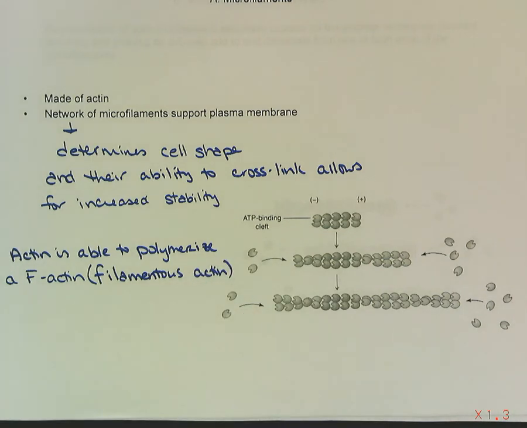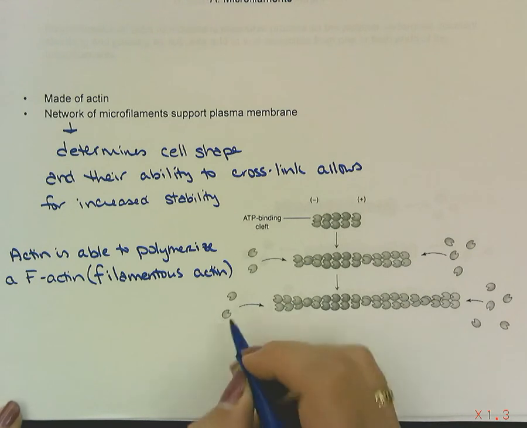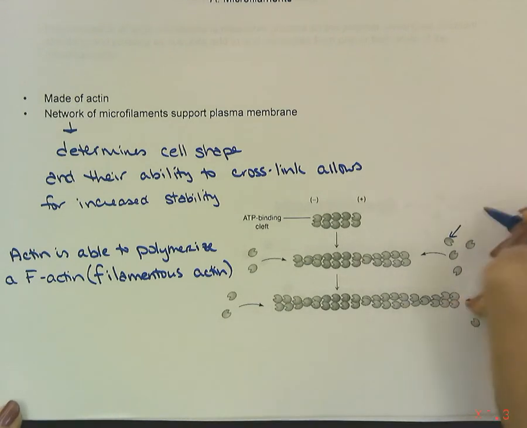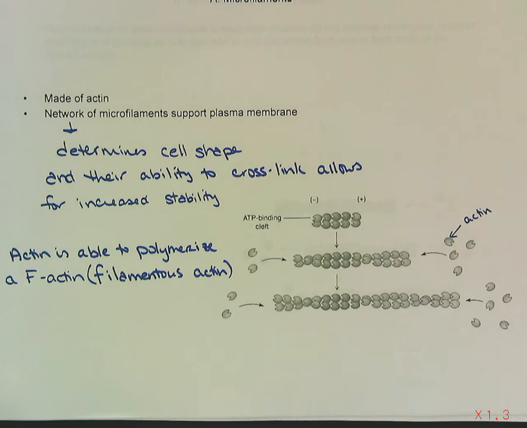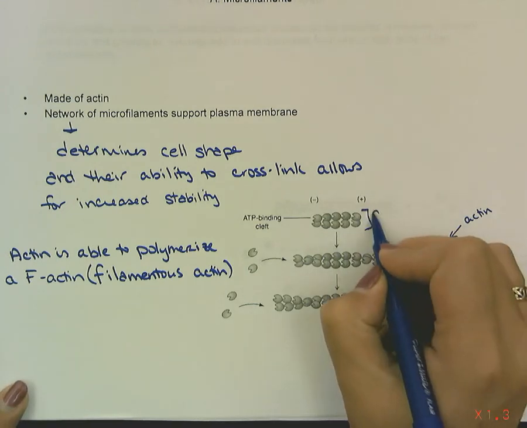In other words, actin polymerizes to make fibers. So each one of these little Pac-Man looking guys is an actin molecule. And the actin is going to polymerize as a double chain. So this is a double chain of actin molecules.